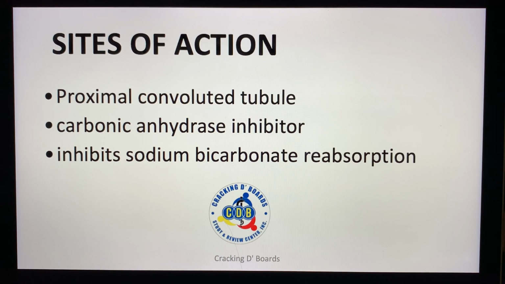So do not take the examination unless you know the exact site of action. This can be asked in pharmacology, this can be asked in anatomy, this can be asked in physiology, as well as therapeutics. So the site of action of carbonic anhydrase inhibitors is the proximal convoluted tubules, and as mechanism, it's going to inhibit the reabsorption of sodium bicarbonate.